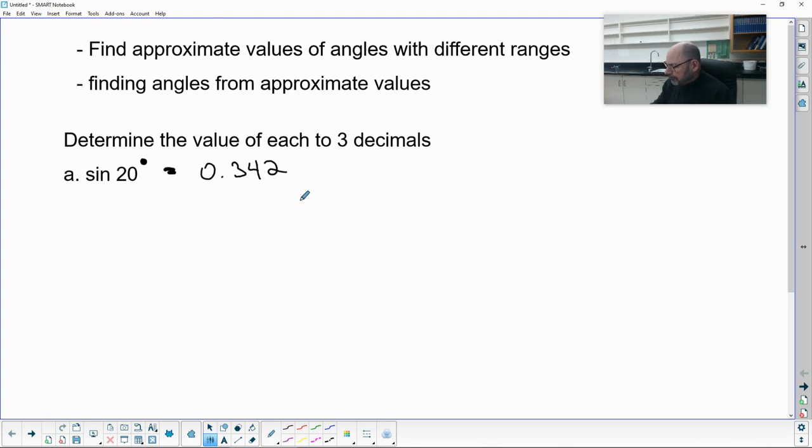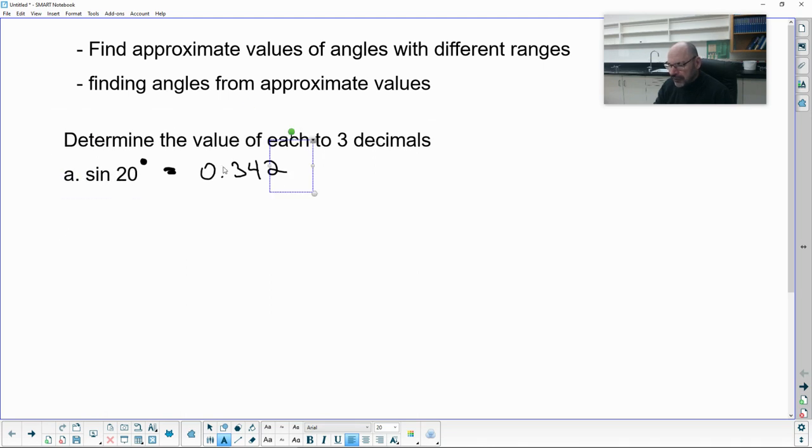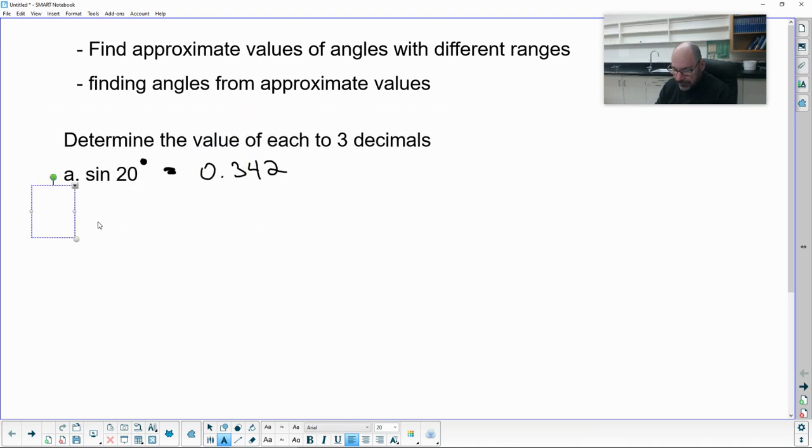Another one that might show up is a reciprocal identity. You have to use reciprocal identities, which are not on your calculator, so you have to use the relationship. I'll use the marker so I can write degrees down. What are those relationships?